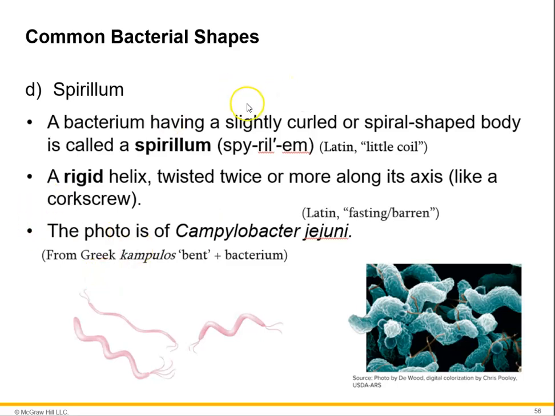A bacterium with a slightly curled or spiral-shaped body is going to be a spirillum. This is from the Latin, meaning little coil. Spirilla have a rigid helix. They're twisted twice or more along their axis, like a corkscrew.